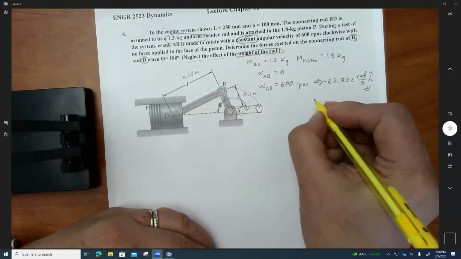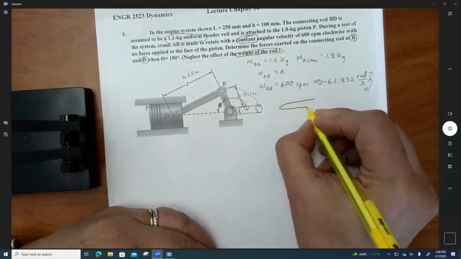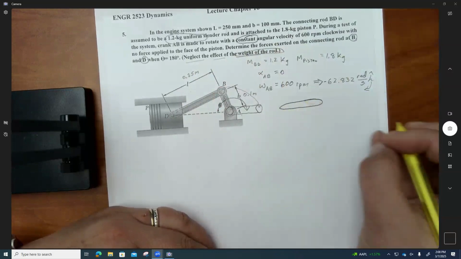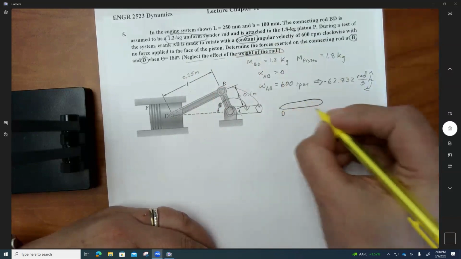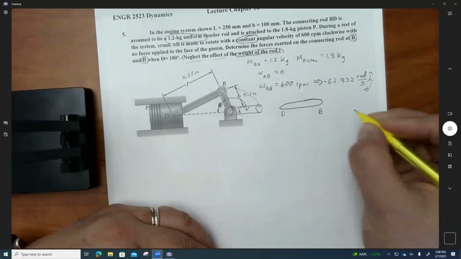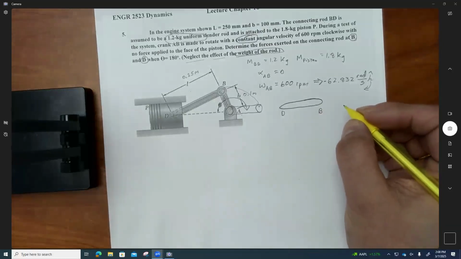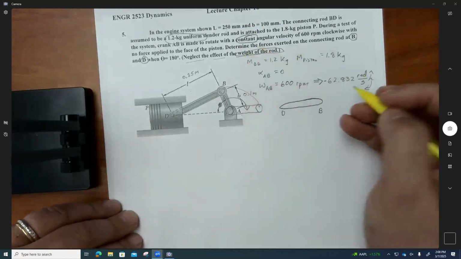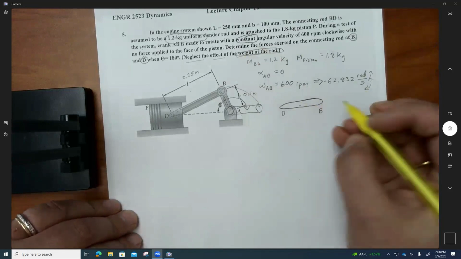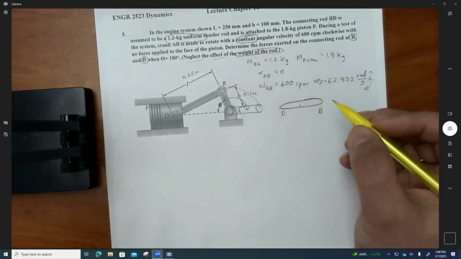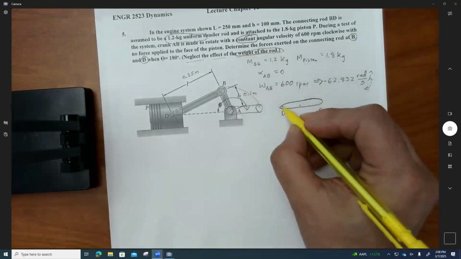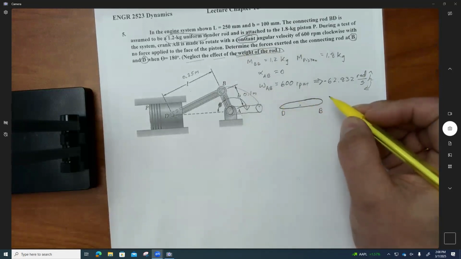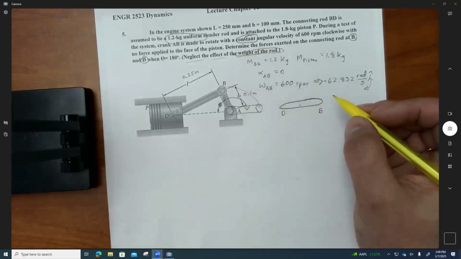So in our answer, we want to know what's going on with the rod DB, and we can neglect the weight. So the weight of the rod is insignificant compared to the forces that it's going to be experiencing on either end.